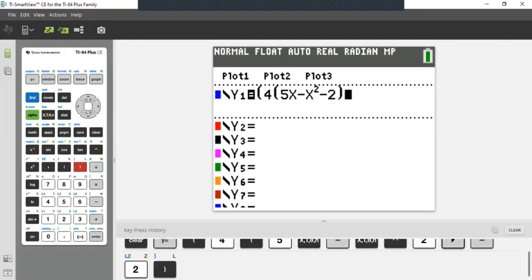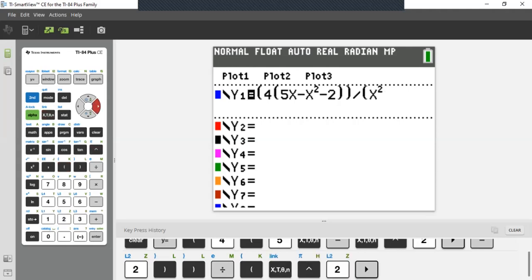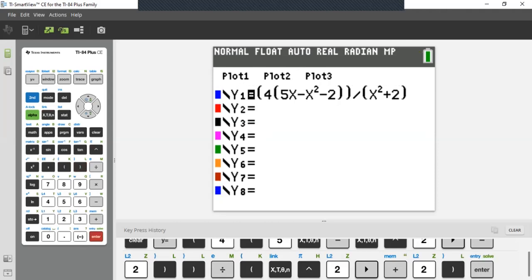And then I need to close that and then close my entire numerator. And then I need to divide that by, again, this whole thing in parentheses, x squared plus 2. Okay, so then I'm going to enter that in, and now it's in the calculator.